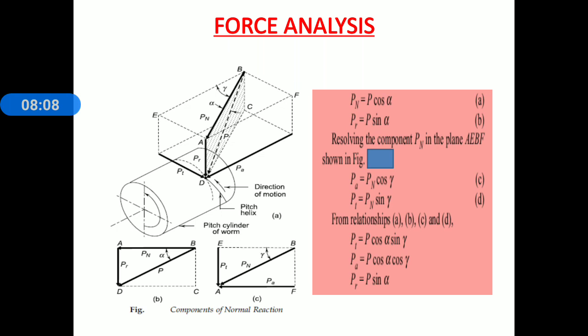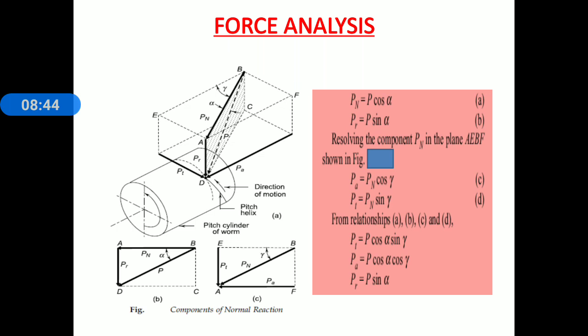Here we substitute the value of Pn from equation A in equations C and D, and we get the components of that resultant tooth force P, tangential, axial, and radial, in the following manner. Tangential force Pt is equal to, here we substitute the value of Pn present in equation A, P cos alpha into sin gamma.